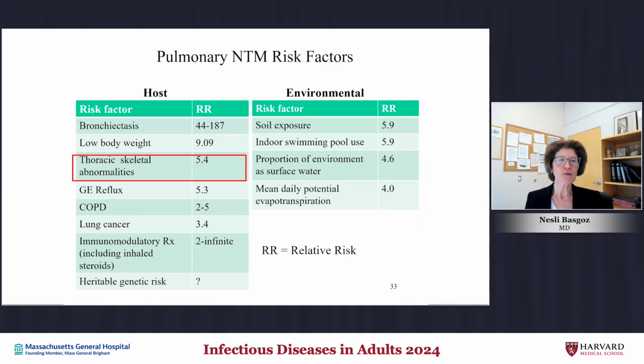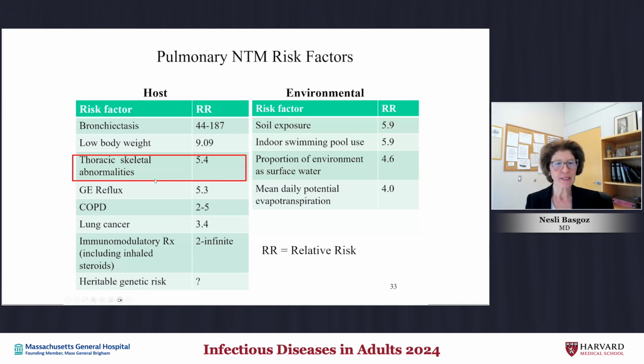So what are risk factors for pulmonary NTM infections? Well, this is from clinical series that show a relative risk that's greatly increased in patients with bronchiectasis. And you can see there is a chicken and egg problem here, but it's clear that some people who've never had an NTM get it in the setting of bronchiectasis. Being very thin or protein calorie malnutrition.